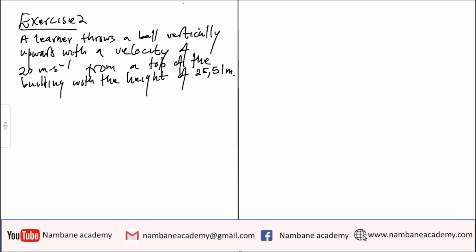Top of the building. Simple. There. Top of the building. Ball thrown vertically up. It is starting there. Vertically up. Comes down. Okay. And hits the ground. That is important, to know that it actually passed the starting point.